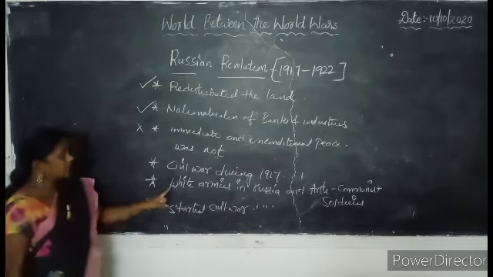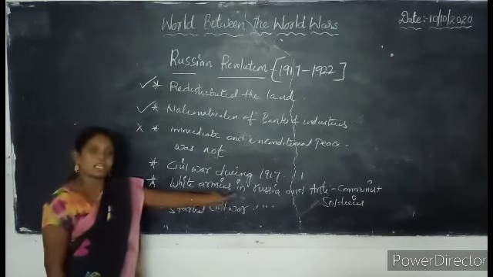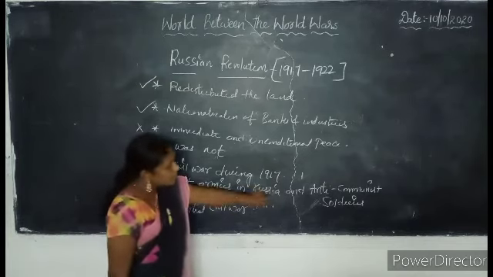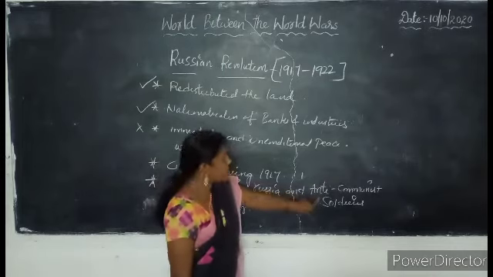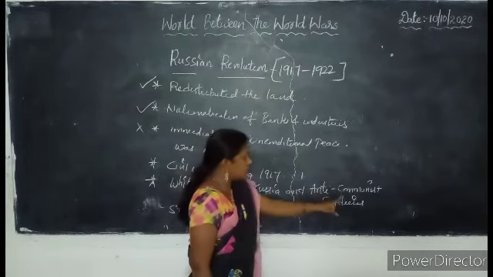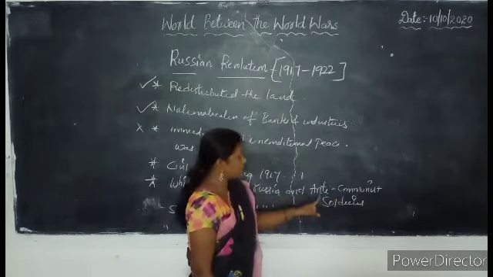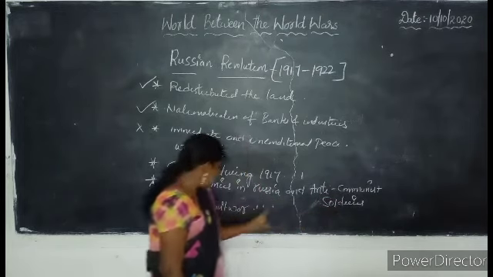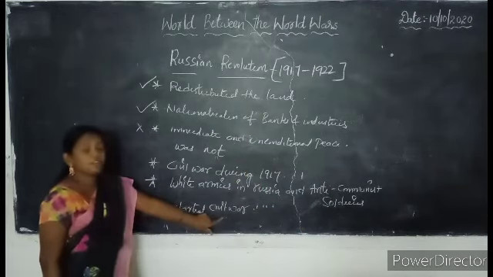Who started it? The white armies in Russia and the soldiers who had ideas against the communist party. We call them anti-communist soldiers. Anti-communist soldiers started the civil war in Russia.